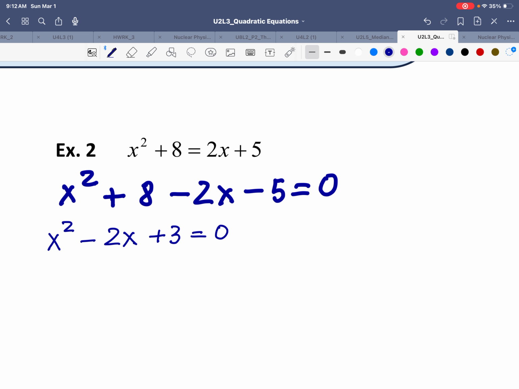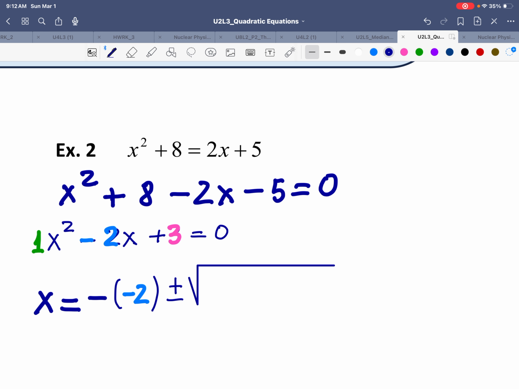Now we'll identify the coefficients. We have the coefficient A equal to 1, coefficient B equals negative 2, and coefficient C is positive 3. So we'll substitute everything into the formula. X equals negative B, so negative 2, plus or minus the square root, a big square root sign in here, big fraction in here.